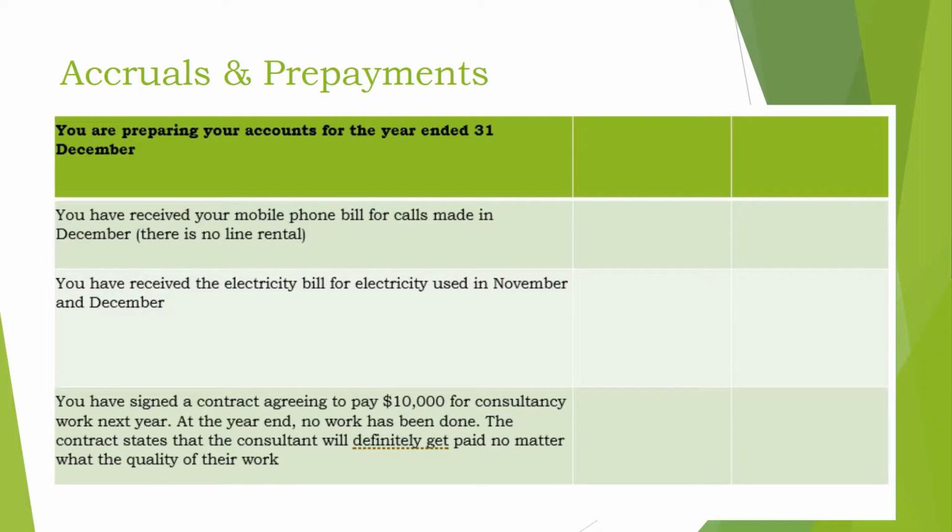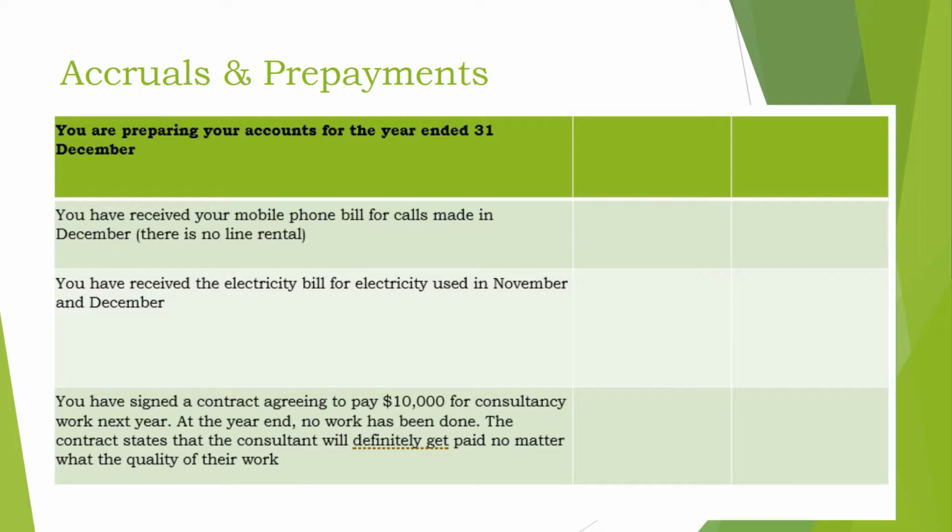Now remember, this follows on from the accruals principle, and you show expenses when they arise, not when they are paid. So you're preparing your accounts for the year ended the 31st of December. As at the 31st of December, you have received your mobile phone bill, but you haven't paid it. So the question is, will you include it as an expense for the year ended 31st of December, or will you not?